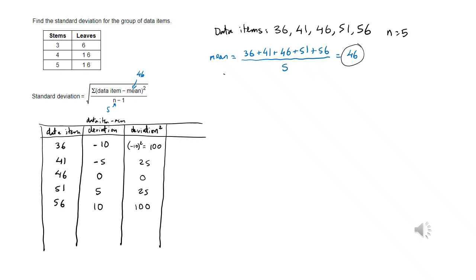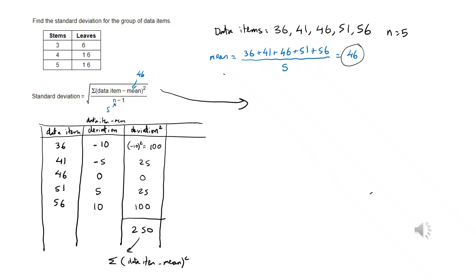So that would be 100 plus 25 plus 0 plus 25 plus 100. So that would be 250. That's the sum of data item minus mean squared. So that is the numerator right here of this formula, and the denominator is n minus 1, which would be 4.